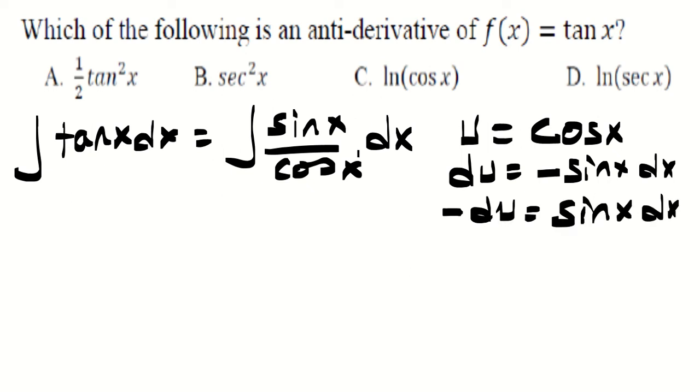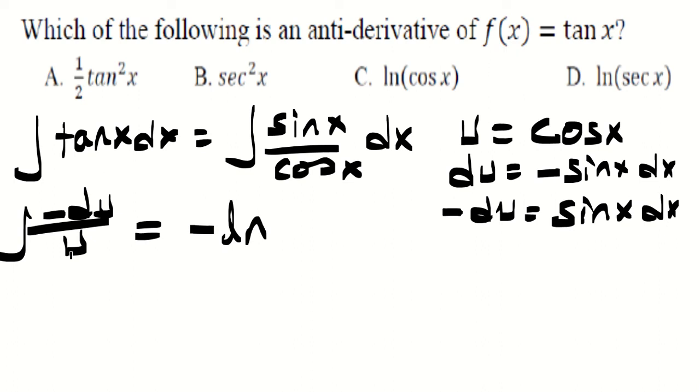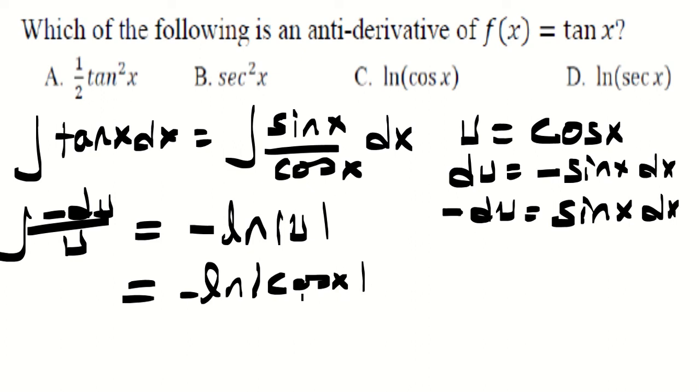Then the numerator part will be substituted by negative du, so the integral will be negative du over u, which is negative, keep it, ln of u. The integral of 1 over u is ln u. But what's u? Get it back: negative ln of cos x. But there is a negative coefficient here, and in the choices it's not written in this form.